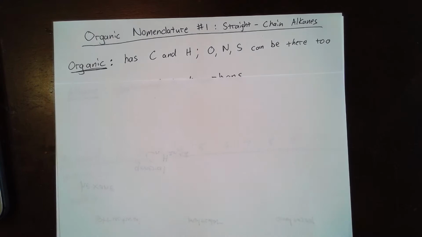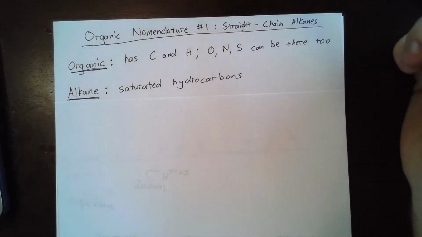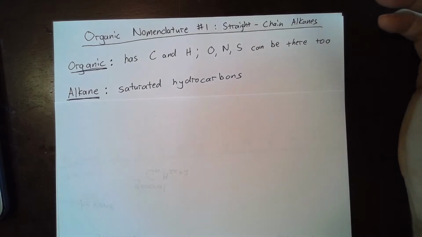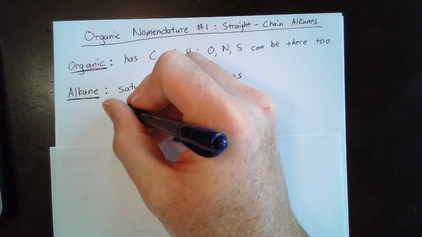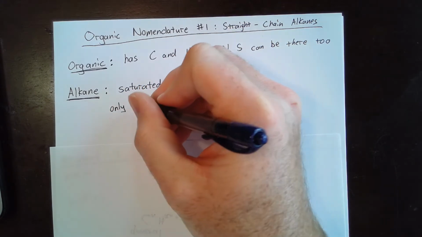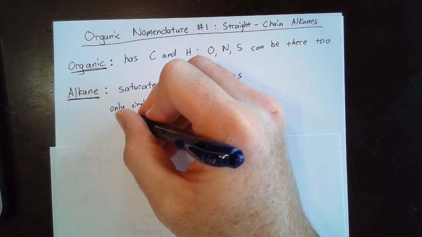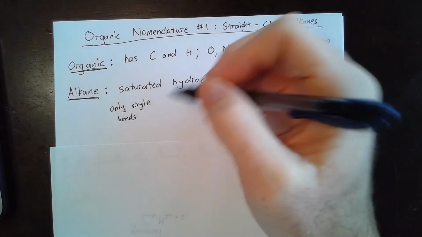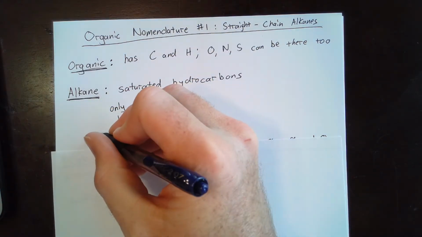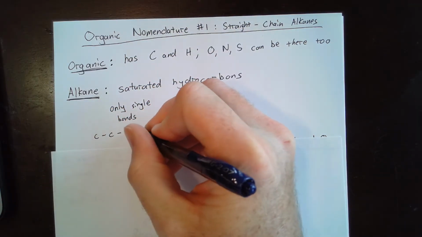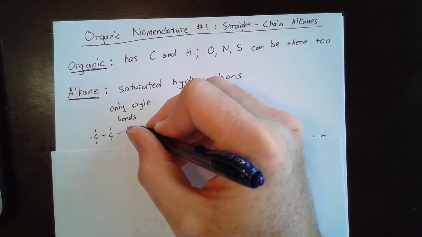So now, an alkane is what we would call a saturated hydrocarbon. By saturated, we mean that there are only single bonds, and since there are only single bonds, you can put as many hydrogens as you want on there.